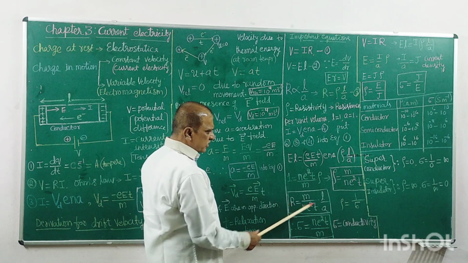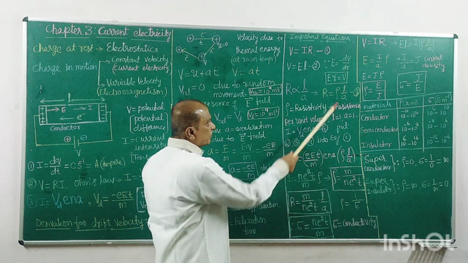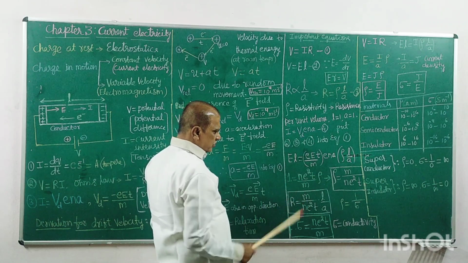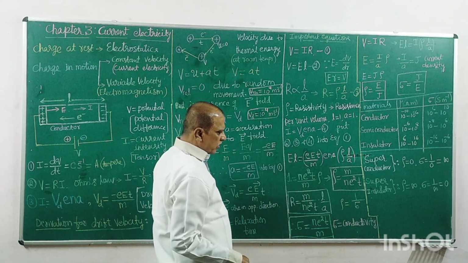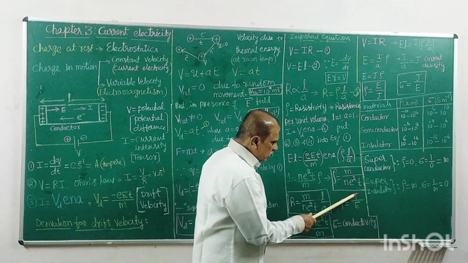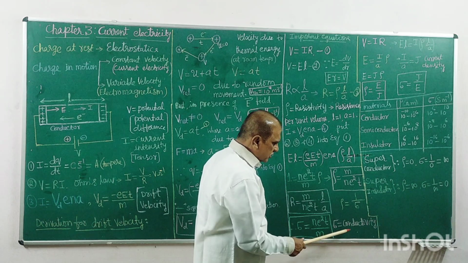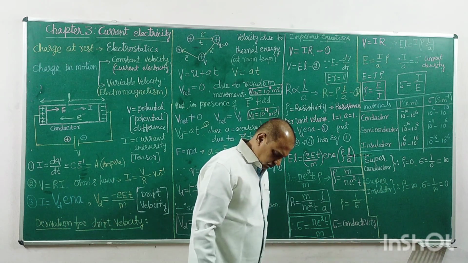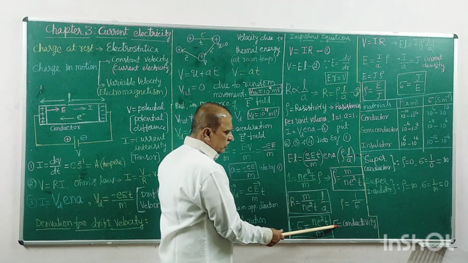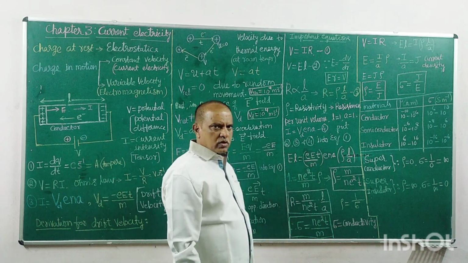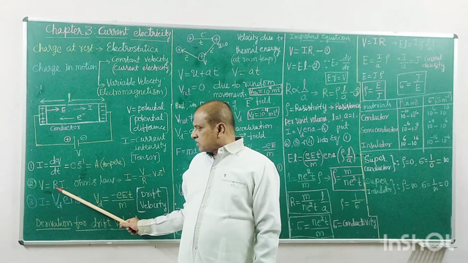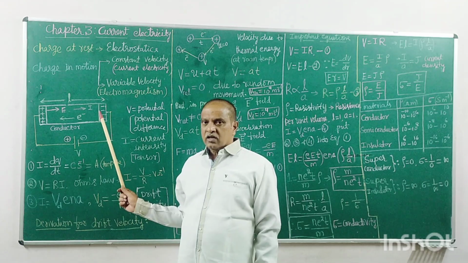Now write the resistance in terms of this: same thing, L by A. And one more important definition: the inverse of resistivity is sigma, called conductivity. So resistivity and conductivity are inversely related, similar to resistance and conductance, which are inversely related.